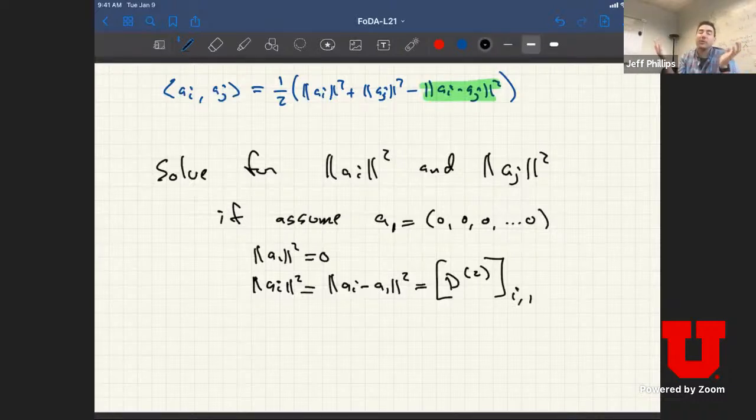So if I arbitrarily make the first data point the origin, then I can pull these out of the squared distance matrix.